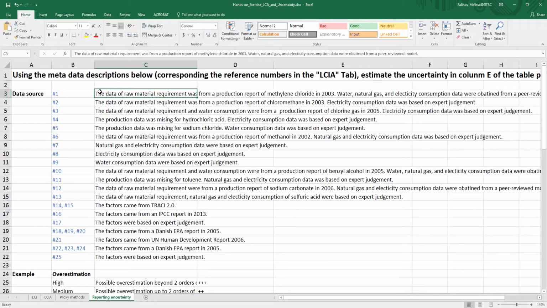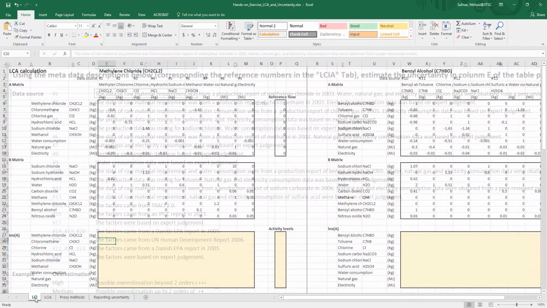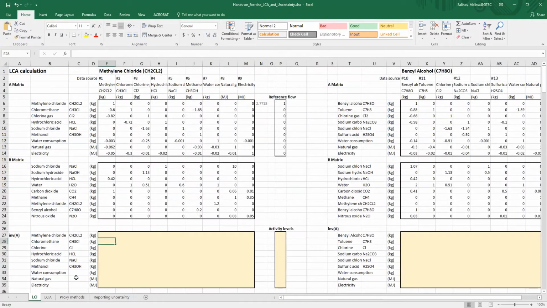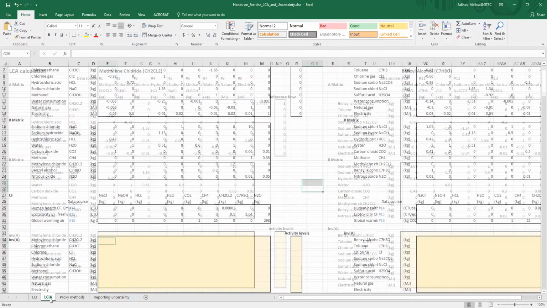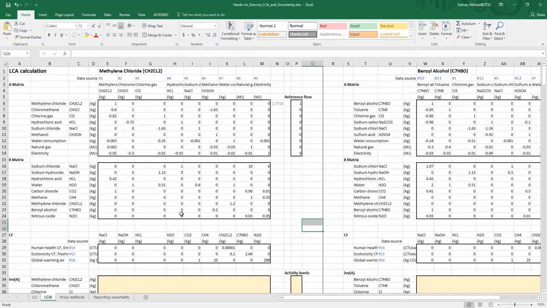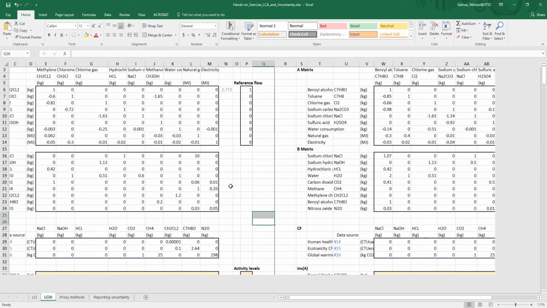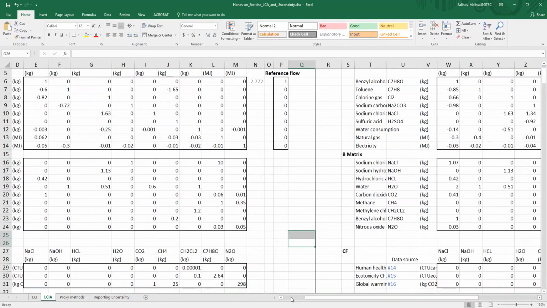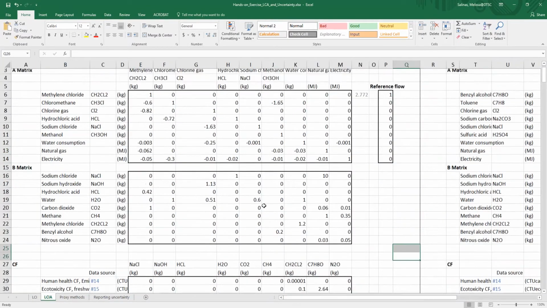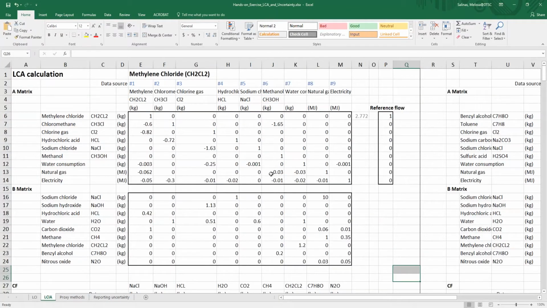So number one: if you go to the Life Cycle Impact Assessment tab, on the top with blue color, do you see these numbers?